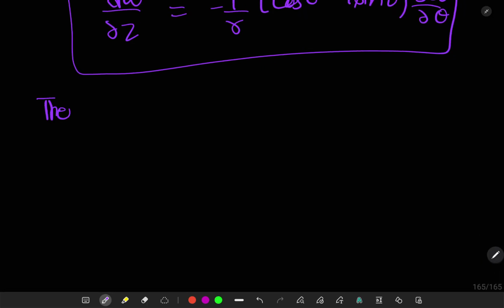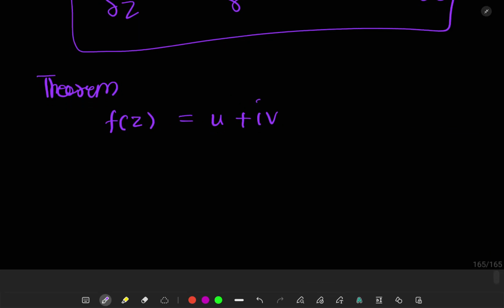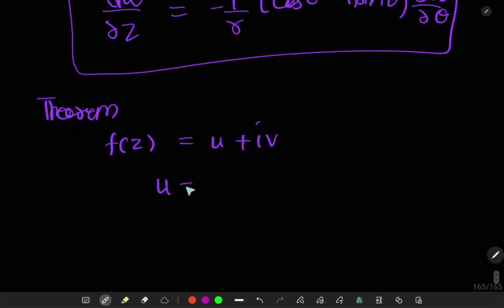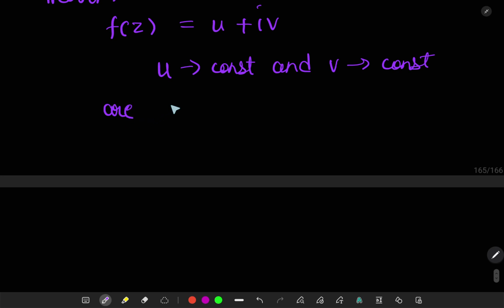Now another theorem: if f of z equals u plus iota v and is an analytic function in domain D, then the curves u constant and v constant are orthogonal families.